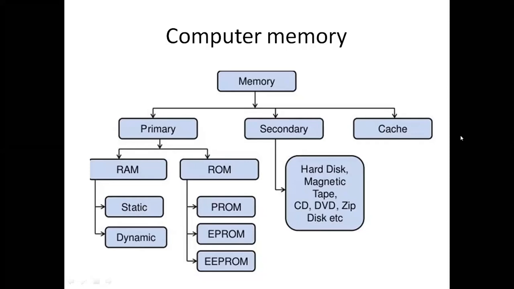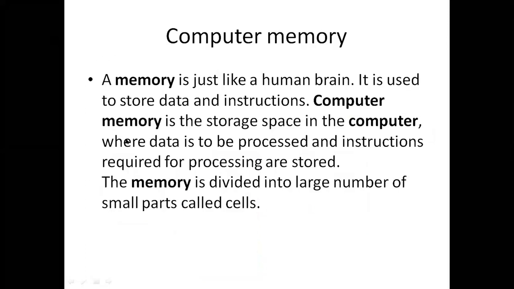Now coming to the next slide, we will see what memory actually is. Memory is just like a human brain. It is used to store data and instructions. Computer memory is the storage space in the computer where data is processed and instructions required for the processing are stored.